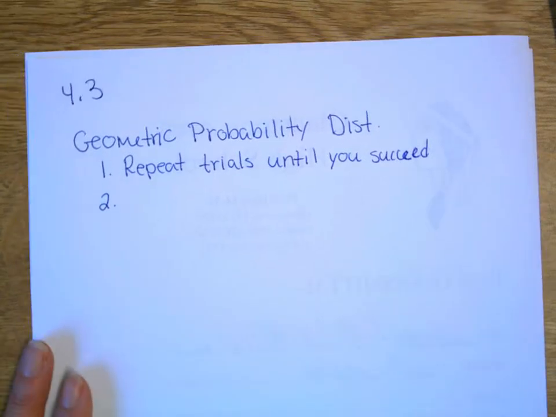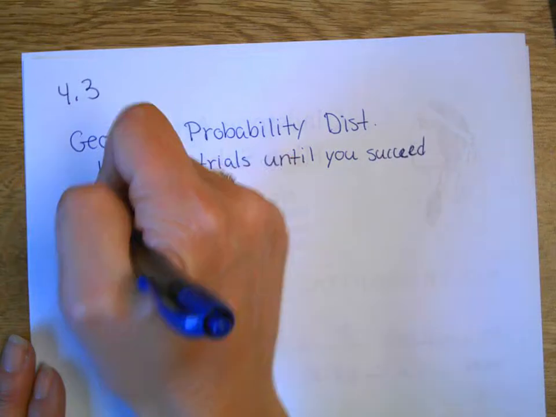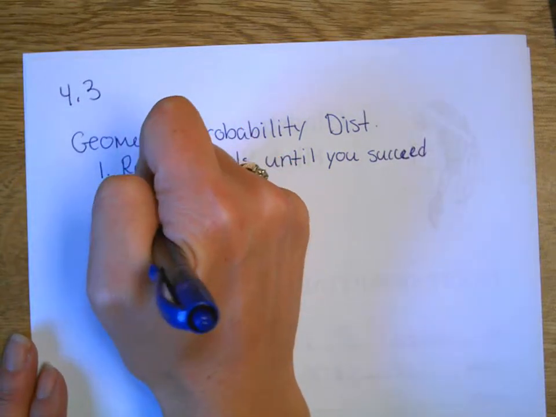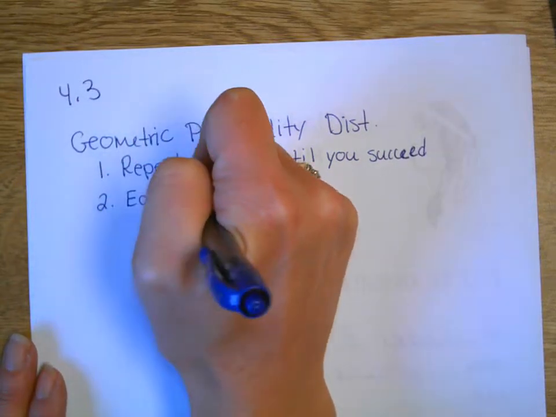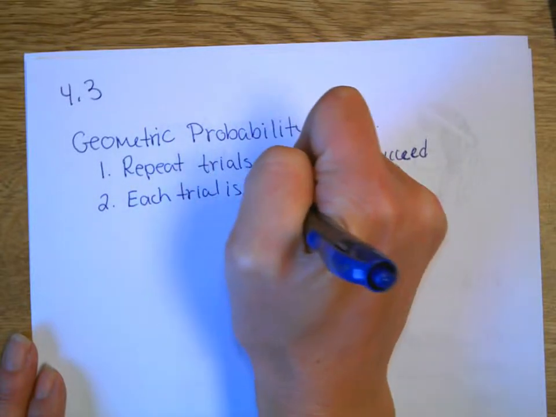And the conditions are each trial is independent. If I do something one time, I don't get better at it the next time. So there's no improvement there. So when I'm guessing answers on a test, what's the probability that it takes me the 3rd question until I get one right? You know, that kind of question. But the probability is the same each time I answer a question. So each trial is independent.